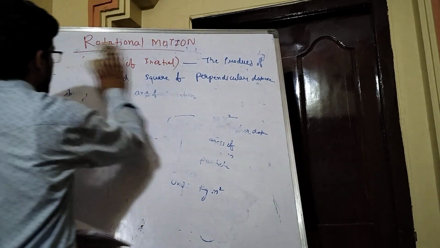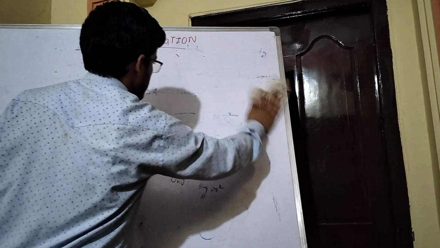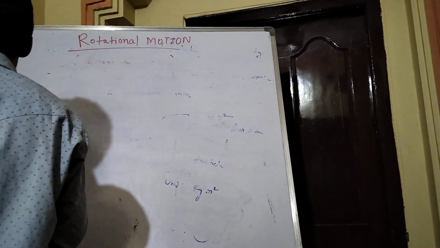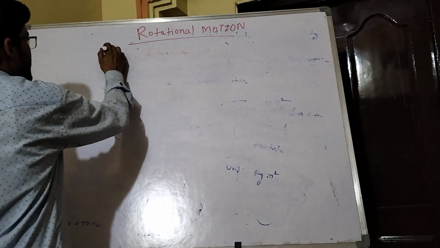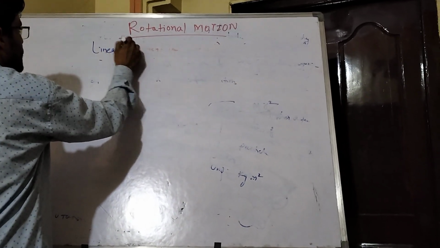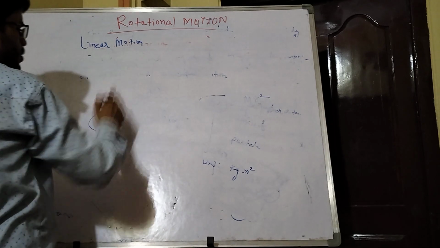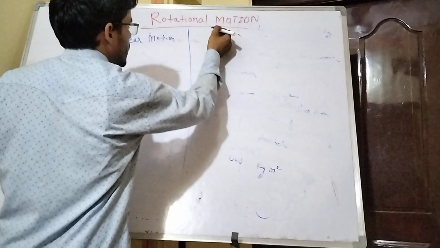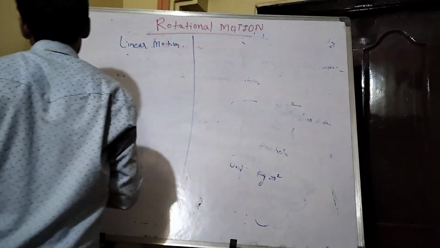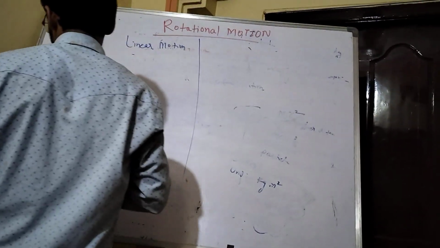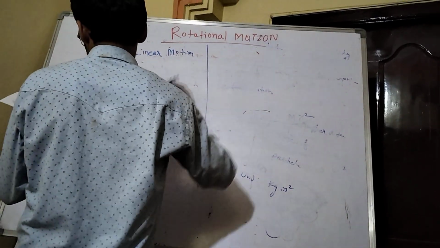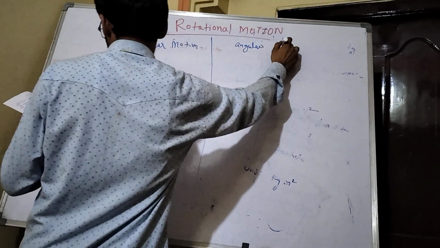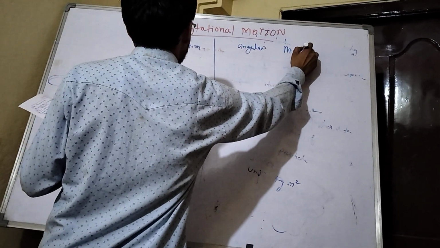there are different types of moment of inertia in physics, right? So first, suppose in linear motion, there are generally two types of motion. First is linear motion, and second is rotational motion, or you can write angular motion or rotational motion, right?